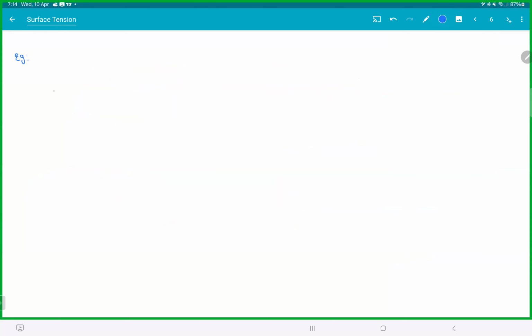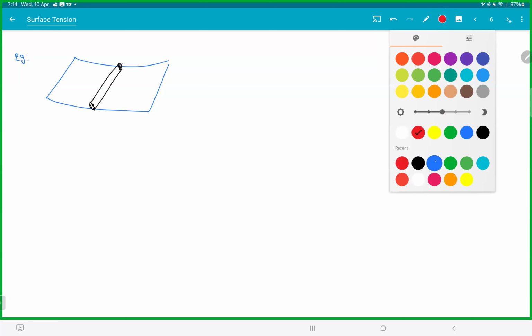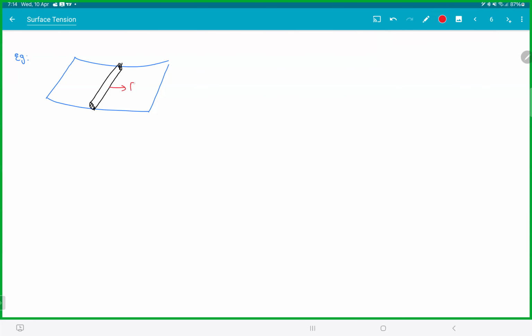Suppose if you take, think of it like this. If you take your hanky or a kerchief and put it like this, and in the middle, if you keep a rod, this is how the rod looks. The surface actually bends. So if you look at the forces due to this, it will be like this, parallel to the surface, perpendicular, parallel to the surface, perpendicular. The side view looks like this.